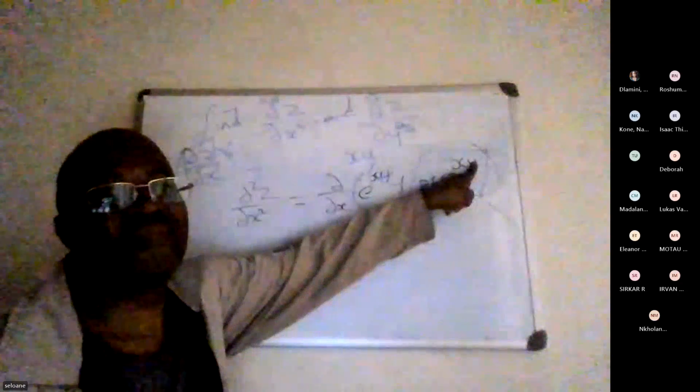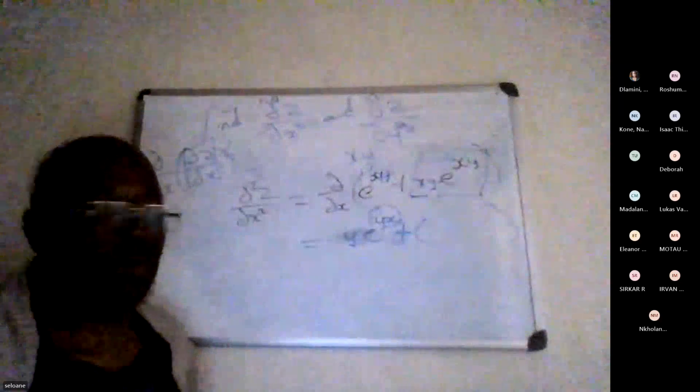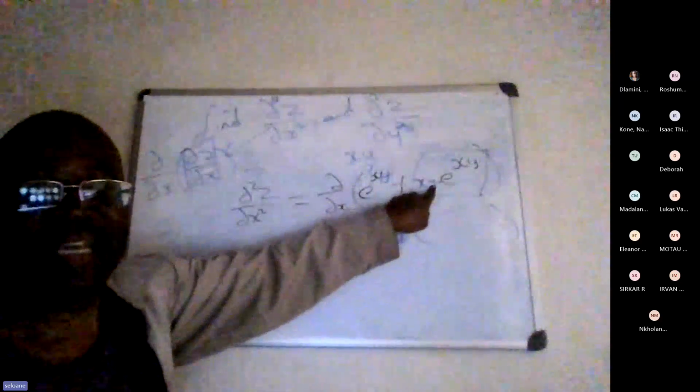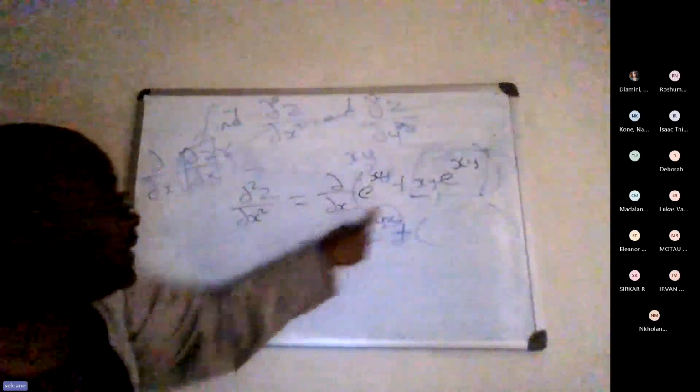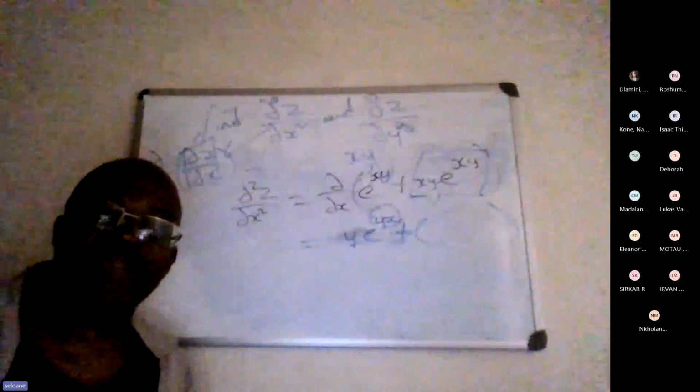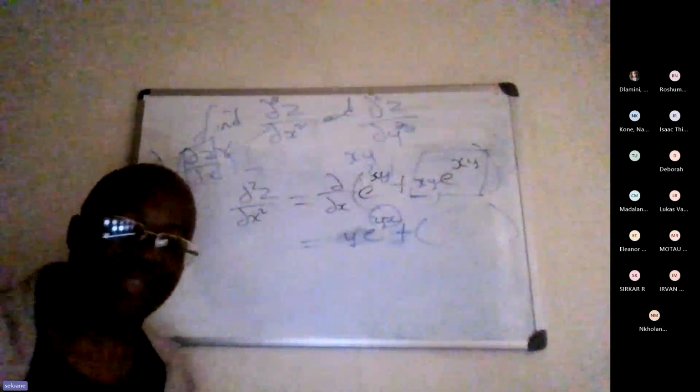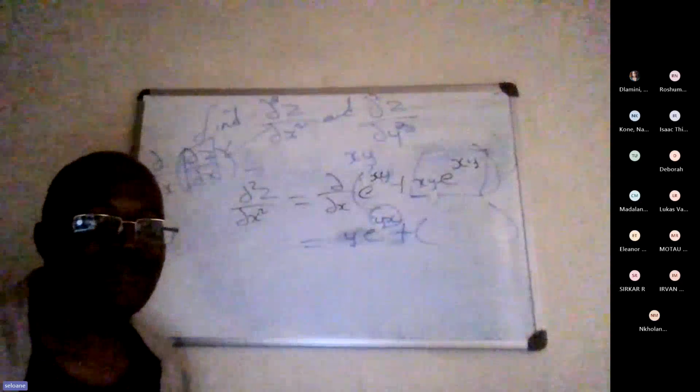Here, it's like differentiating 2x. The y here is 2. Hopefully it makes sense. This is x, y. But don't forget, y is a constant here. Because we're differentiating with respect to x, you can't say x is also a constant. Y is fixed.